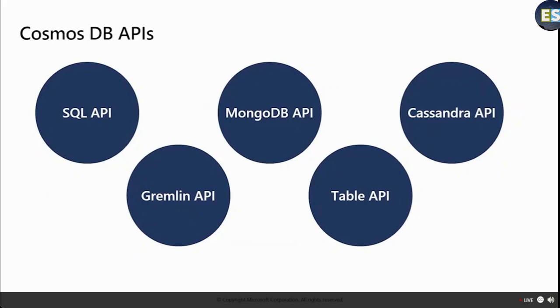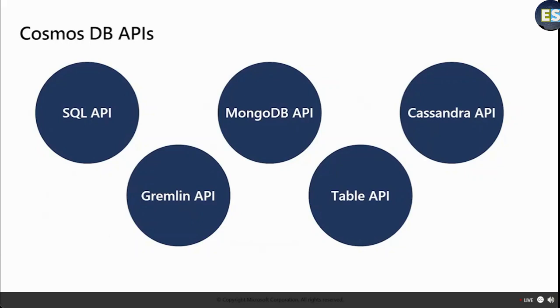And the Gremlin API implements a graph database interface to Azure Cosmos DB. A graph is a collection of data objects with directed relationships, and data which is held in a set of documents in Azure Cosmos DB can be queried using the Gremlin API, which allows you to perform those graph-like queries over your data.